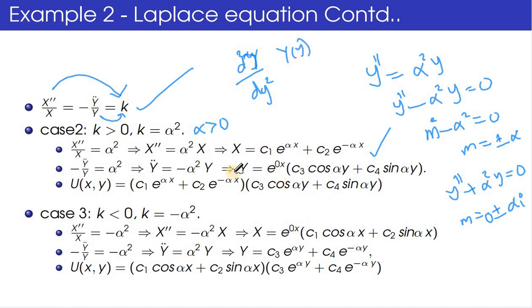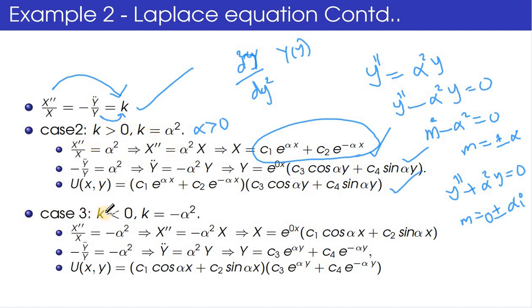So you will have the solution of this particular differential equation as Y equal to e raised to 0x, c3 cos alpha y plus c4 sin alpha y. And taking the product of these two, you get the solution in the case when k is a positive number. So u of x y is equal to c1 e raised to alpha x plus c2 e raised to minus alpha x, which is this product with this expression for Y, so c3 into cos alpha y plus c4 sin alpha y. So you get the solution for case 2.